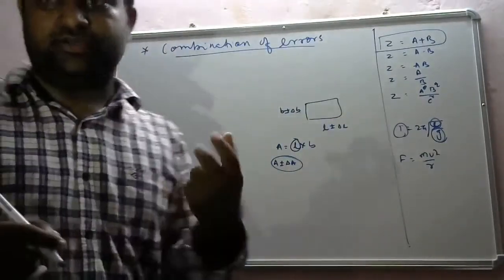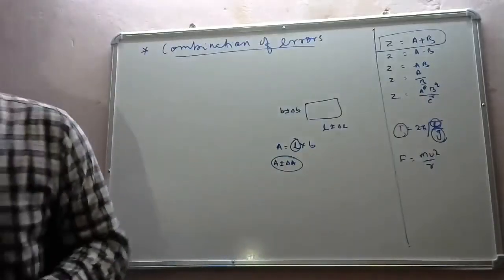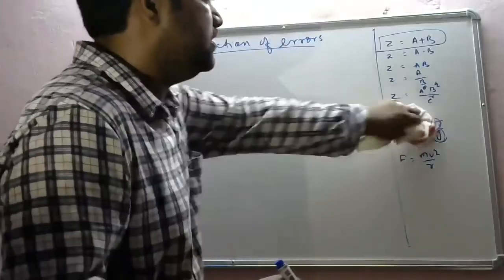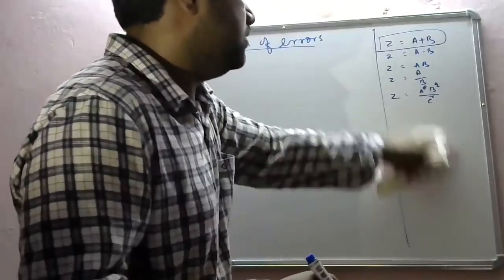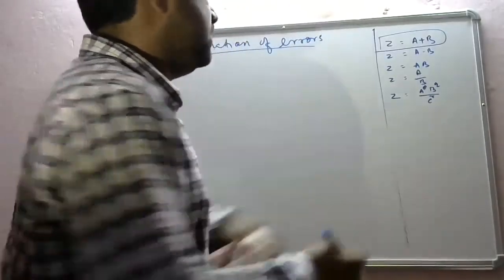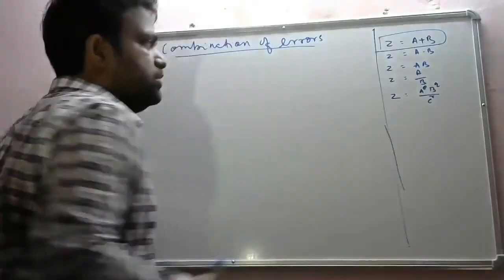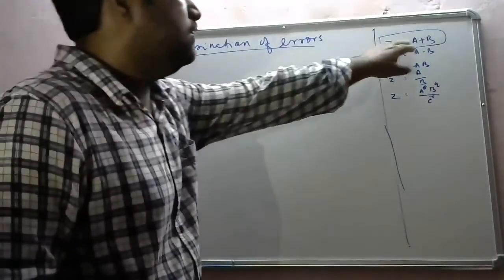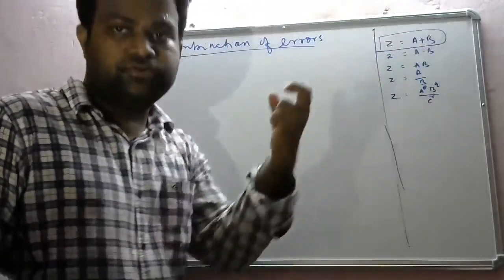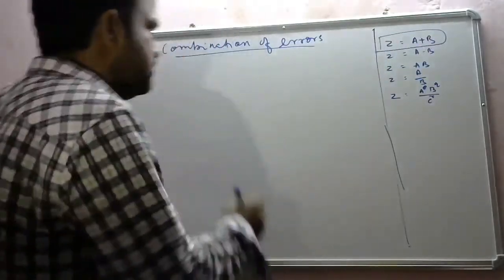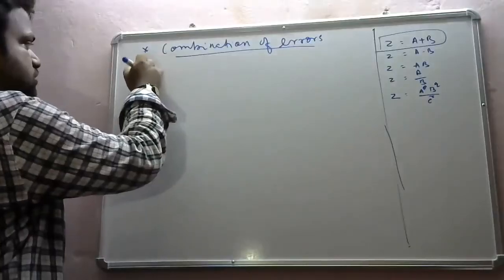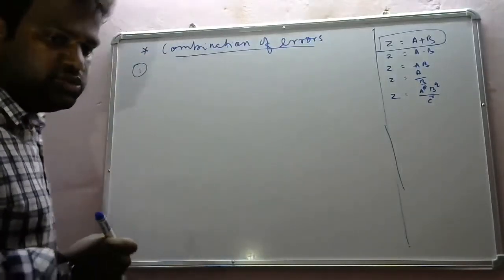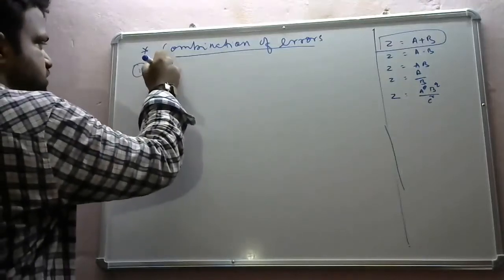It will be a slightly longer video, but we will try to complete all the derivations clearly. So the first one is if the result is the sum of two quantities. First we will discuss the error in the sum of two quantities.